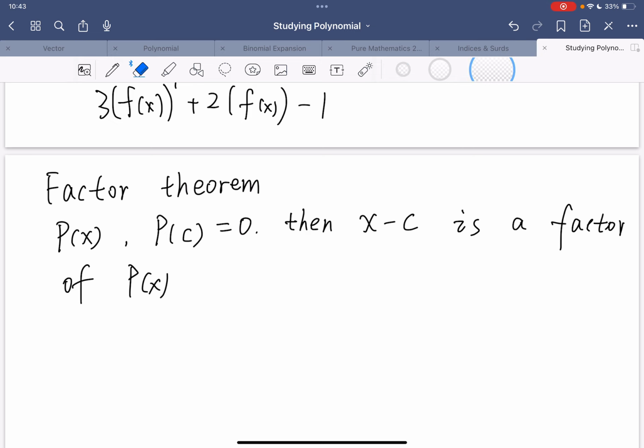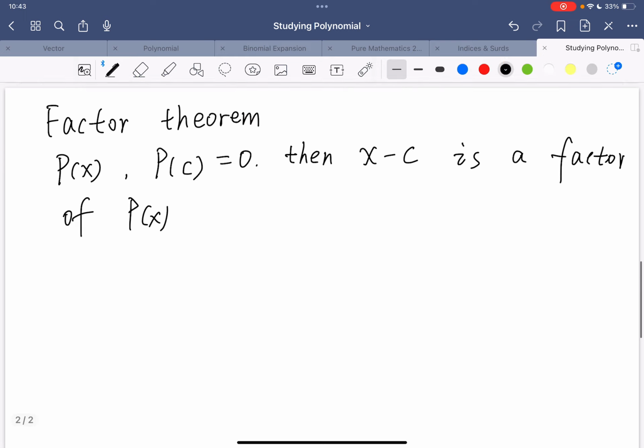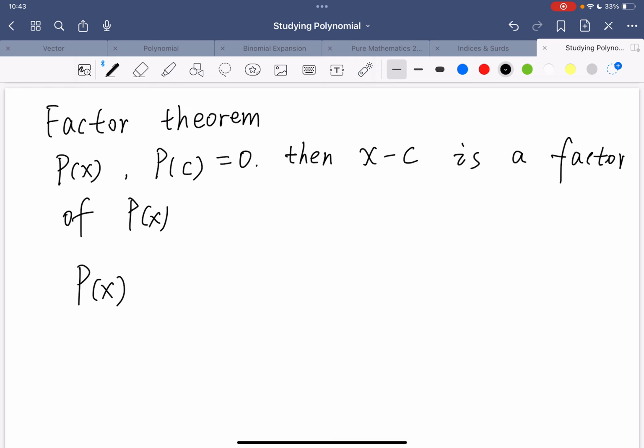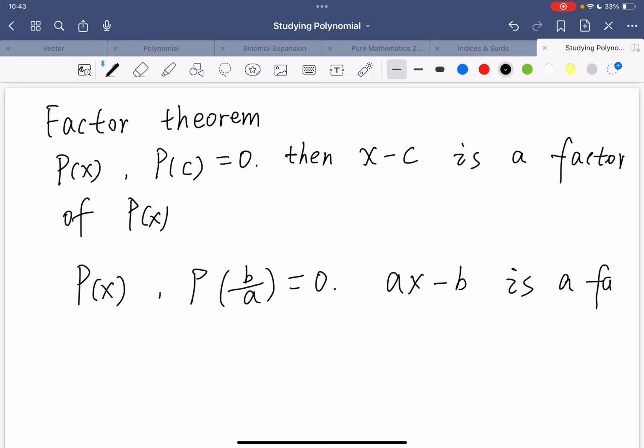Right, that's the factor theorem. And we can extend this theory into more common ways of expressing it. So for polynomial p(x), if p(b/a) equals 0, then ax minus b is a factor of the polynomial.